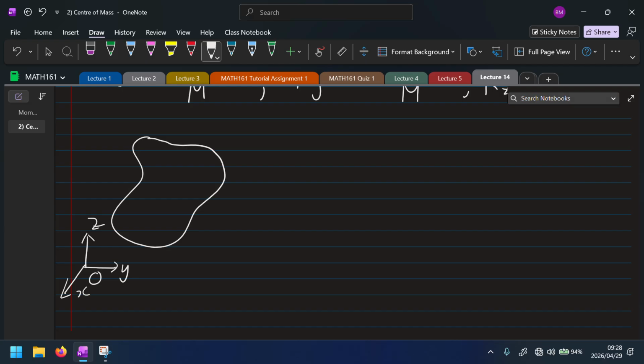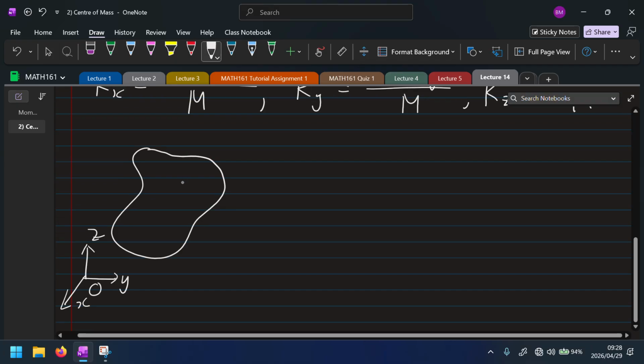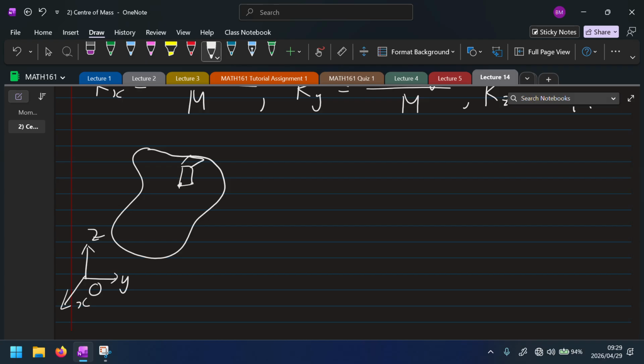It's a total solid object. So again, we're going to pick some points here. There's going to be a little mass piece, like we had at the beginning when we worked out the total mass. At that point, there's going to be some density rho.